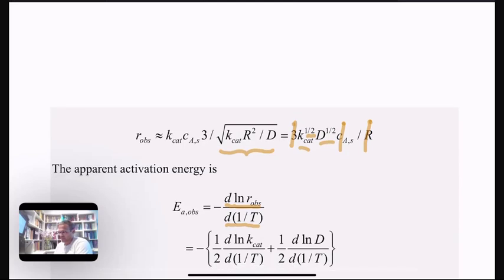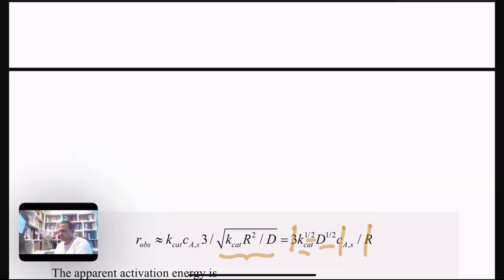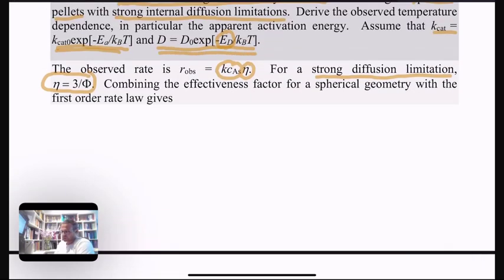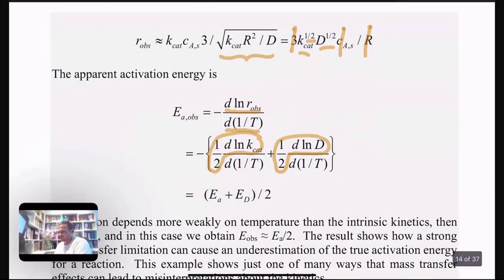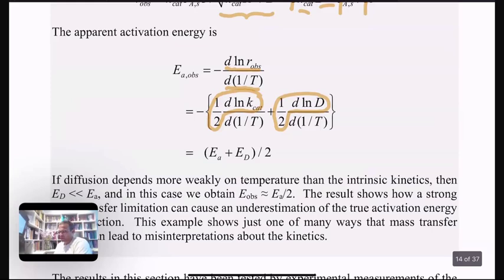Okay, so that's what's happened right here. You see the 1/2 of k_cat and the 1/2 of log D derivatives. And these are being differentiated with respect to 1 over T. And by definition, remember, these were defined with Arrhenius type temperature expressions. They were these expressions right there. And so we know by construction that what's going to happen when we go through and take those derivatives with respect to 1 over T is that this term is going to give E_a over 2, and this term is going to give E_d over 2.